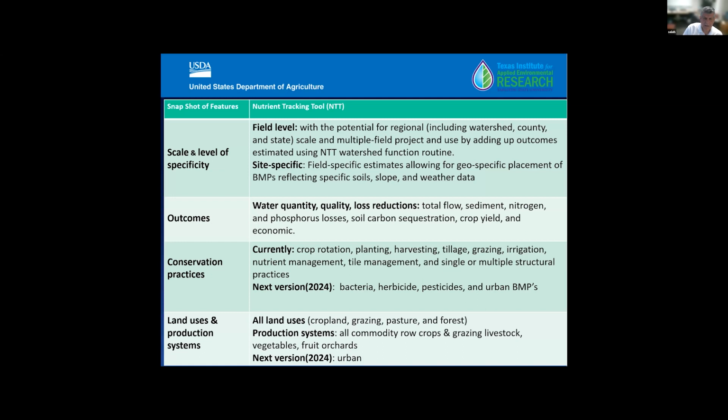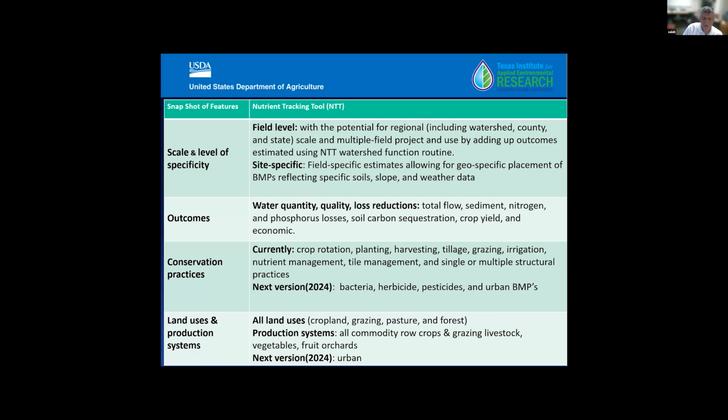You can go ahead and look, because using Google Maps, you can go to a specific farm, as we will show you, and then see how you can be more precise on your own farm. You might have a similar farm to the next farmer, but you do much different management, and have much different soils under your ground. All of those conditions become very much site specific in NTT.